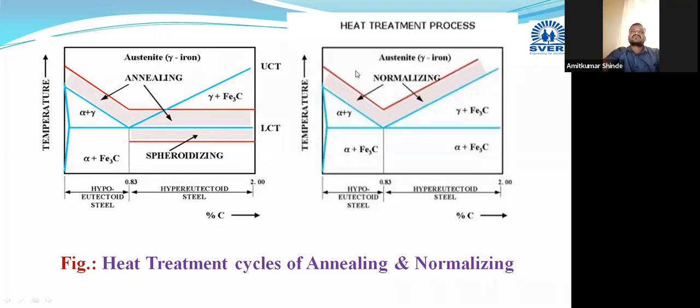Now, there are some conceptual questions. Why is annealing not done above this ACM temperature here? In a similar way, for normalizing of hypereutectoid steel, we are using the temperature above ACM, but for annealing it is above A1. Why is it so? That I have explained in this slide.